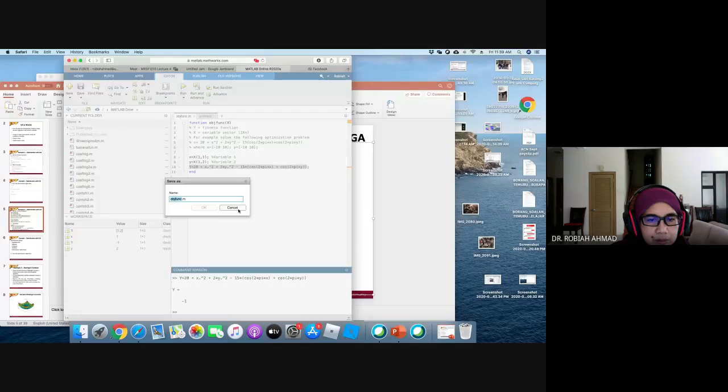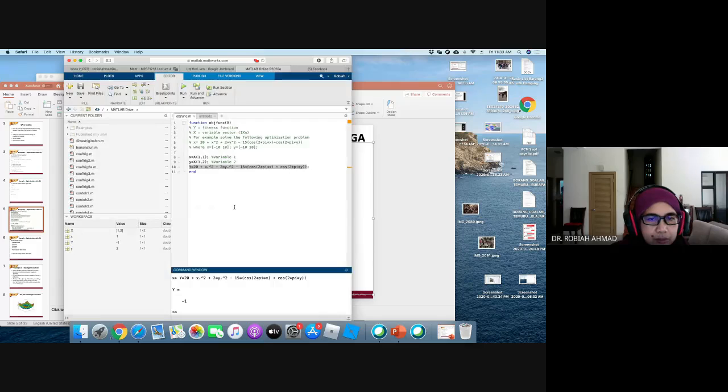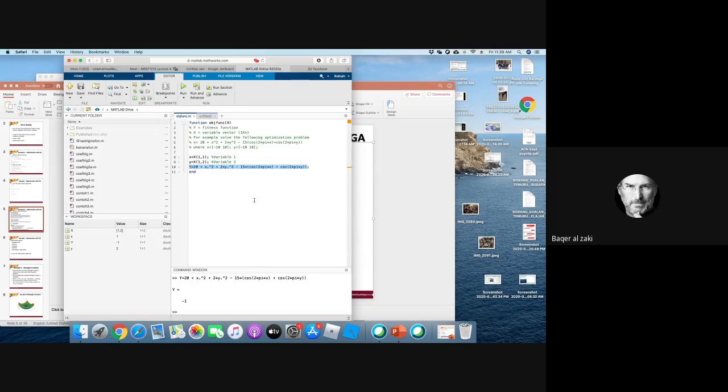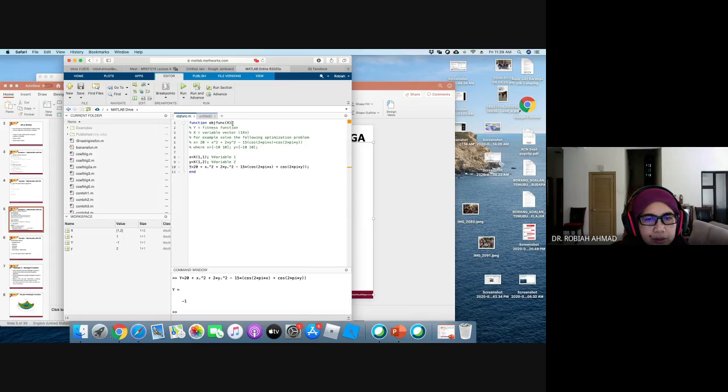Okay, already saved. Why is there no name, like equal function something and then equal? Usually we have the objective functions.